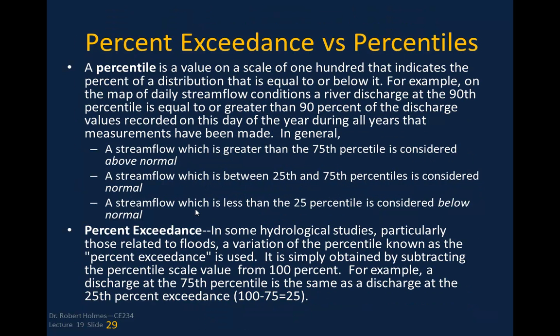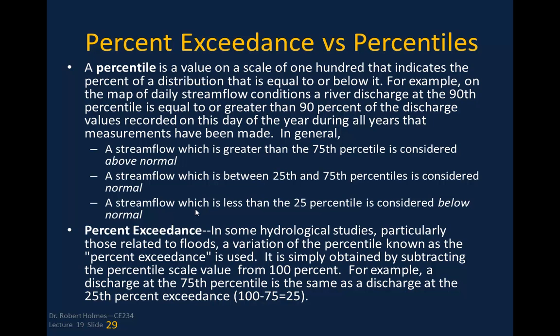Now, I want to point out that we've been dealing with exceedance probability, but we could also deal with something called percentiles, which is a value on a scale of 1 to 100 that indicates the percent of a distribution that is equal to or below it. So before we were talking about exceedance probabilities, this would be non-exceedance probabilities, is another way to think of it.